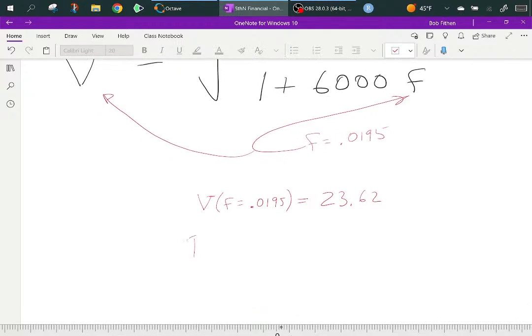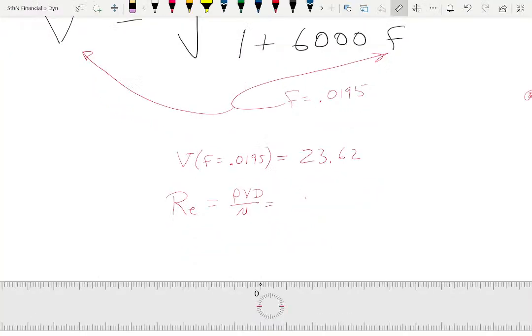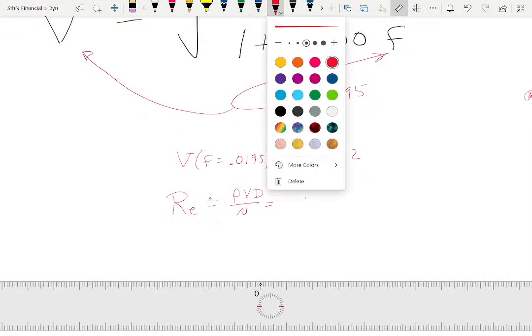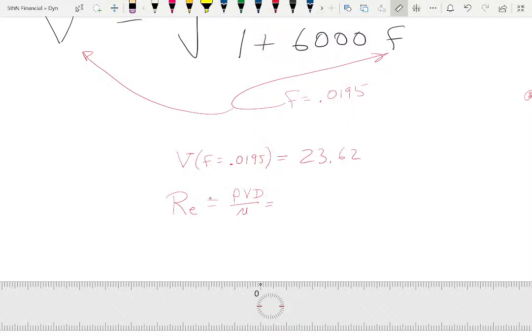Now I can solve the Reynolds number based upon this guess: rho times velocity times diameter over mu, which would be 1.94 times V, which is 23.62, times the diameter, 4/12, over 2.34 e to the minus 5.